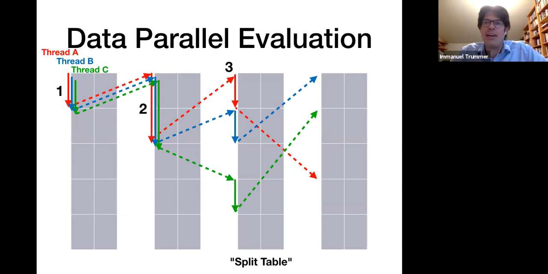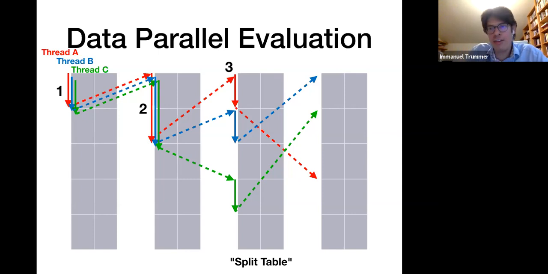Now, as you see here, there is a little bit of redundant work being done for the first few tables before the split table. So you might be wondering why we do not always select the leftmost table in join order as split table. And as long as data is uniform, that is actually a good idea. But if data is skewed, this might lead to one thread being responsible for some heavy hitter tuple, which overall is not a very efficient parallelization strategy.